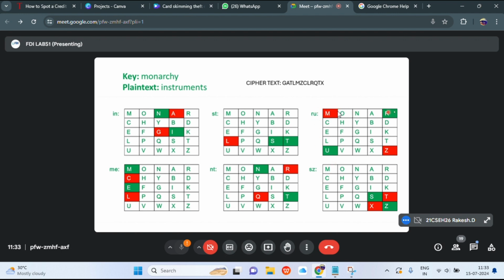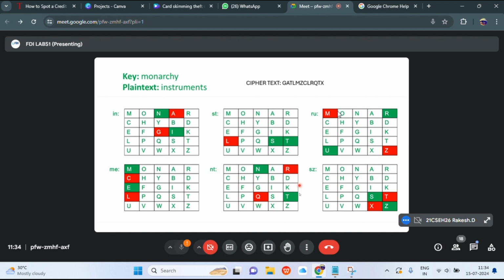Then RU. RU is present in different row, different column. So we are making a rectangle here. Then the corner of R is M and the corner of U is Z. So MZ is our next ciphertext. And here comes ME. ME is present in the same column. So what should we do? We should move down. Down to M is C and down to E is L. So C and L will be our next cipher digraph.